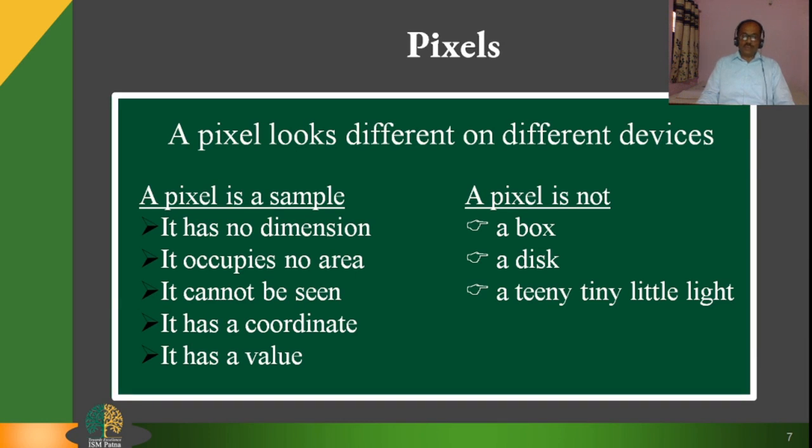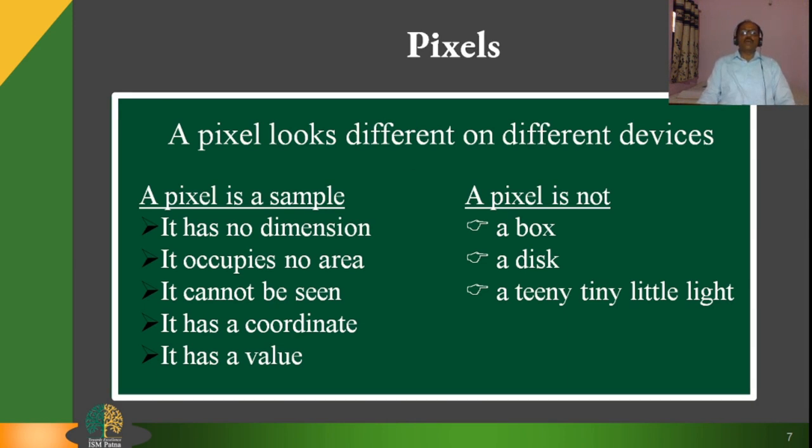A pixel is neither a box, nor a disk, nor teeny little light rays. These are the characteristics by which we know what a pixel stands for.